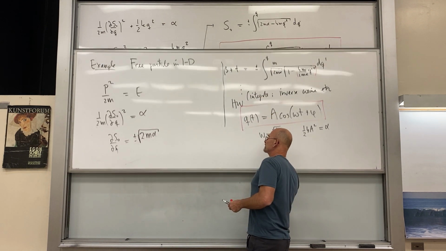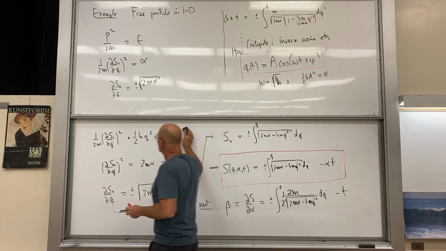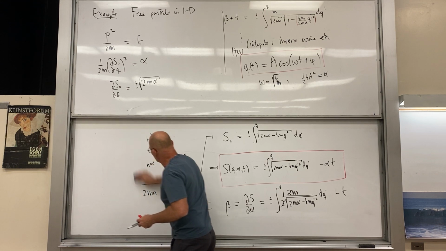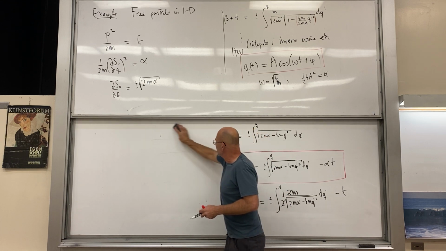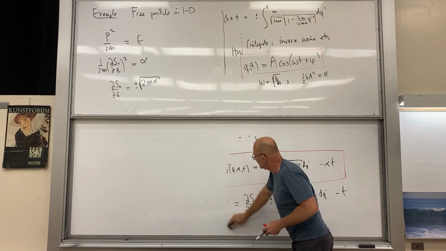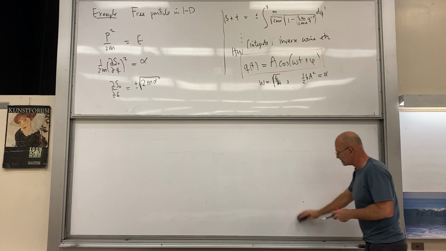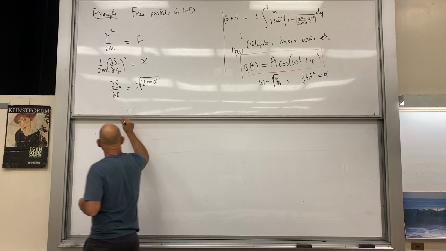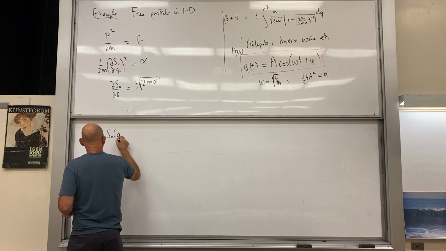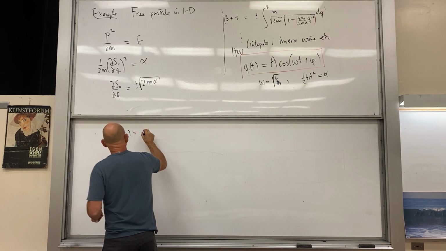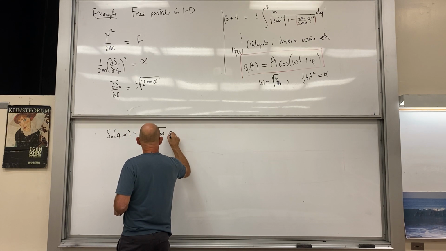I should probably label some of these steps for you. So this was the harmonic oscillator. Now, S naught of q and alpha is equal to plus or minus root 2m alpha times q.